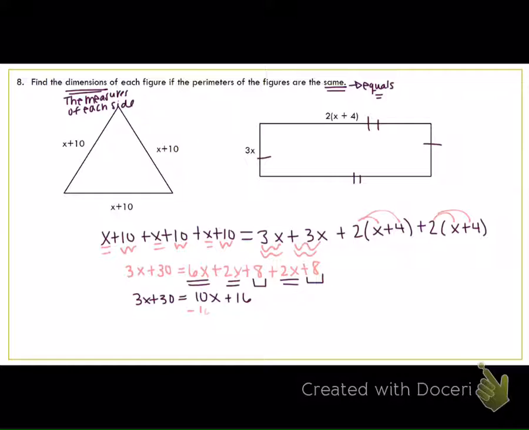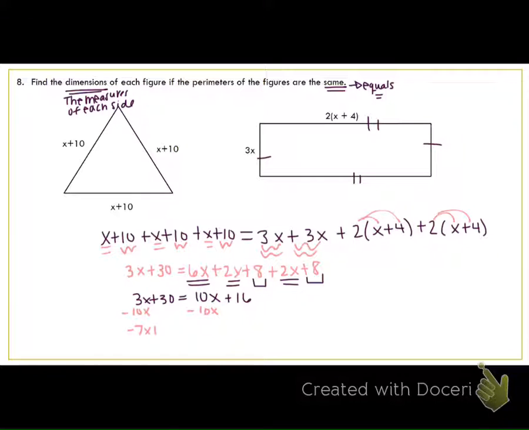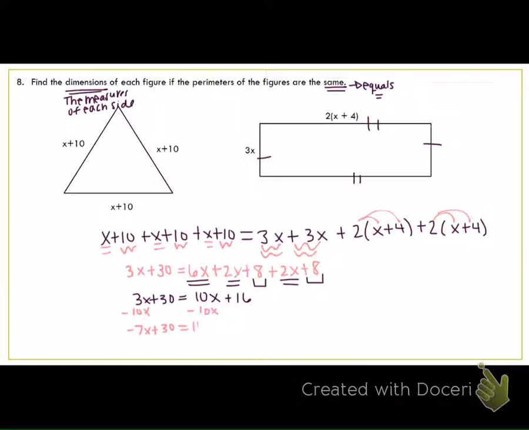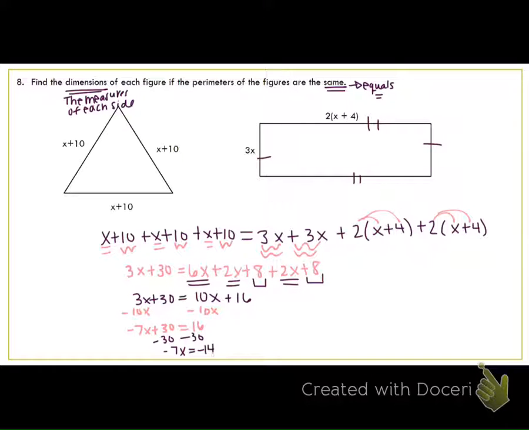So I subtract 10x on both sides. You get negative 7x plus 30 equals 16. Subtract 30. And I get negative 7x equals negative 14.